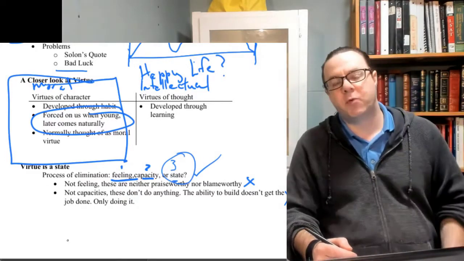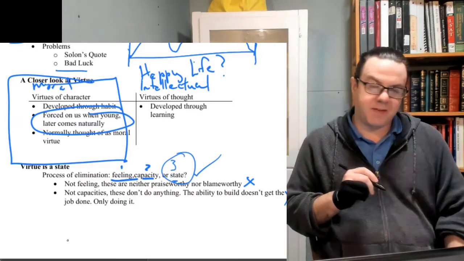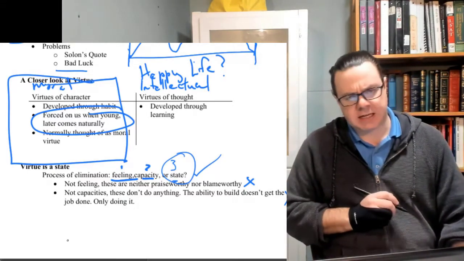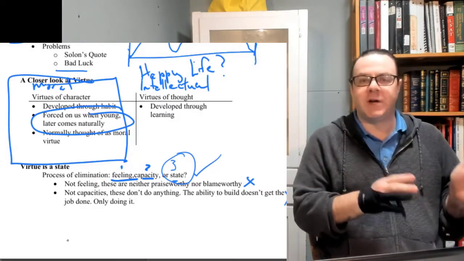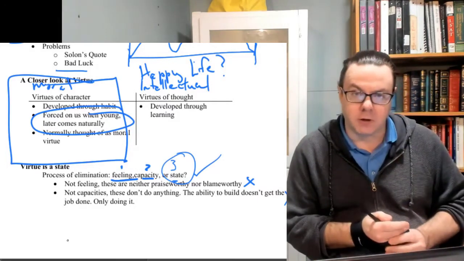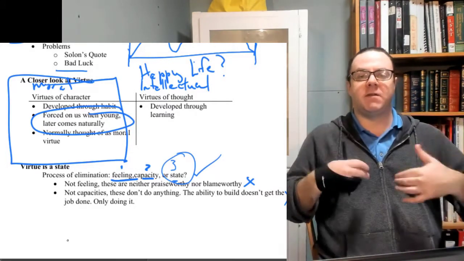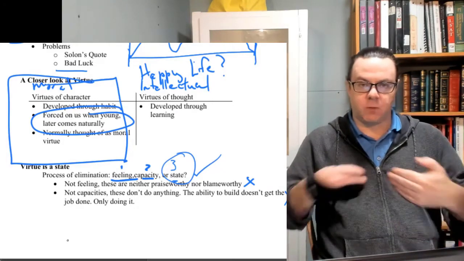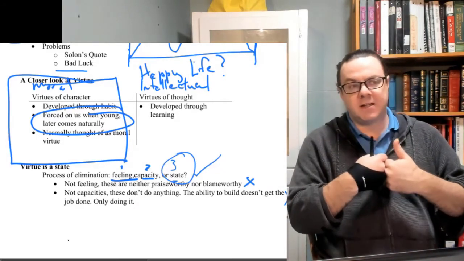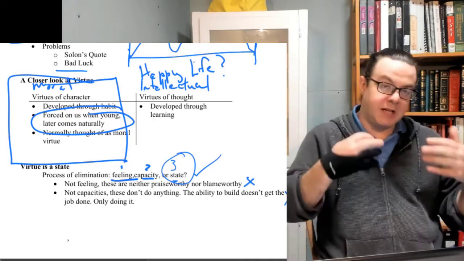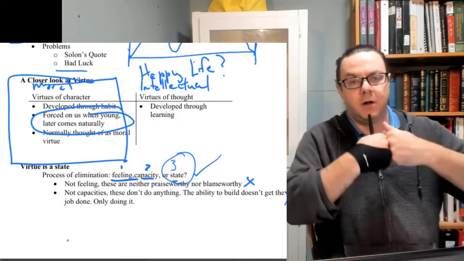And I think this point about virtue being a state as opposed to one of these other things is an interesting component of the whole virtue ethics idea that I described earlier, right? That it's not necessarily a way of doing, it's a way of being. So it's important that the actions flow from a person's character.